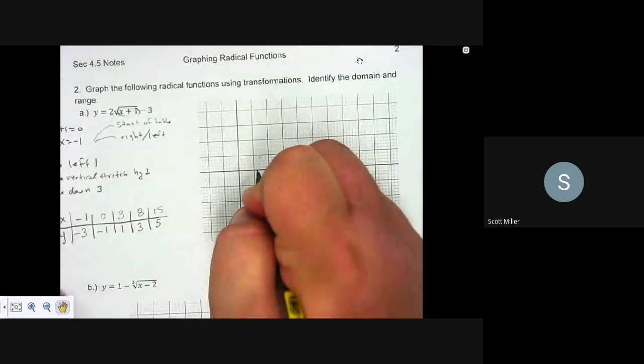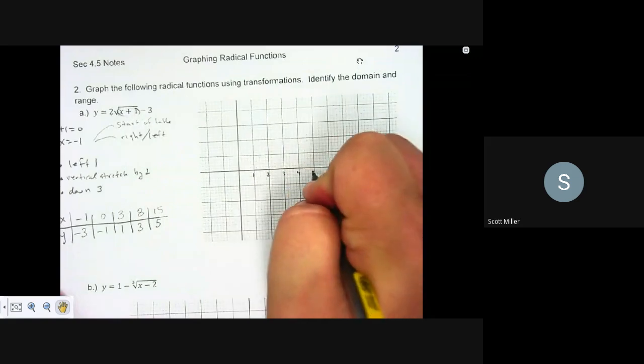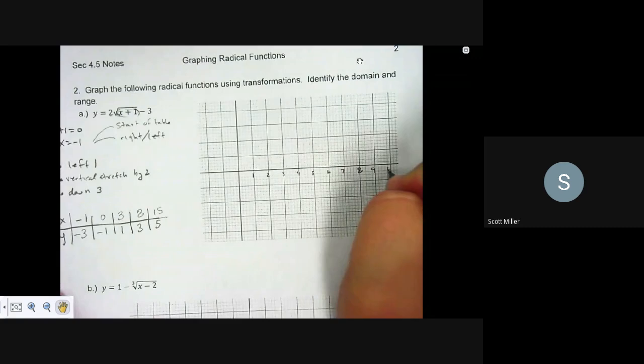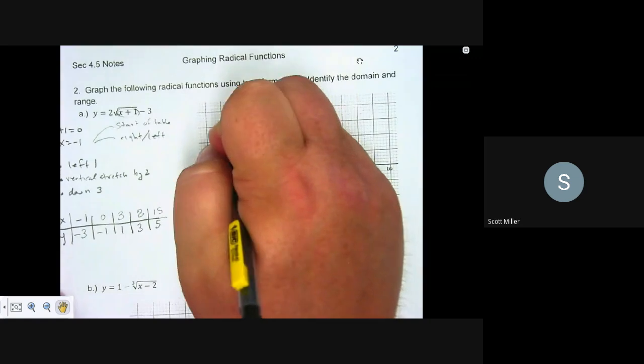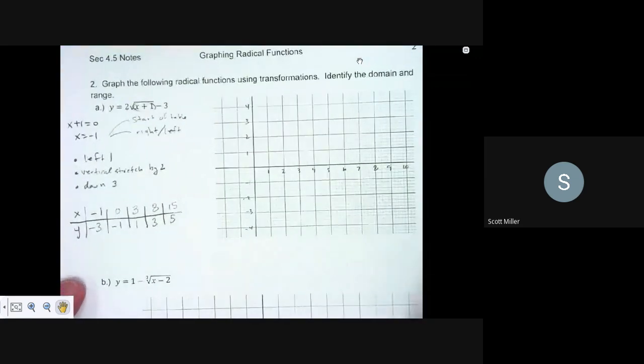So then we start graphing. So here's 1, 2, 3, 4, 5, 6, 7, 8, 9, 10. -1, -2, -3, -4, 2, 3, 4. So you can see, even on my table I have this value, it's not going to be able to be graphed. So I graph all the rest.